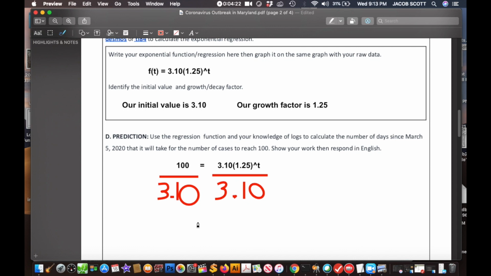And when I divide that, what I come up with is 100 divided by 3.1 equals 32.258 to be exact.